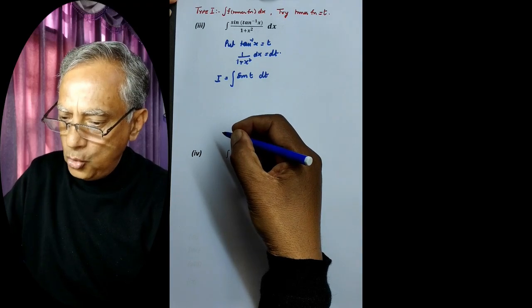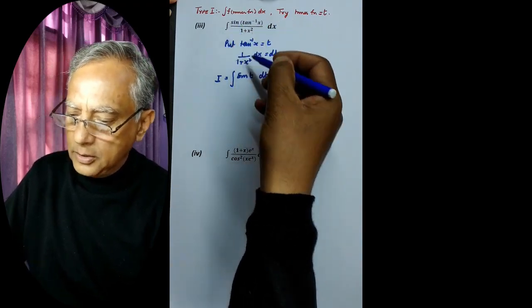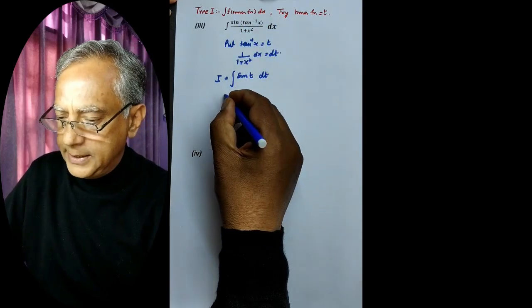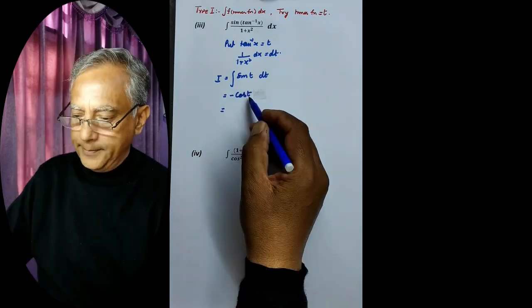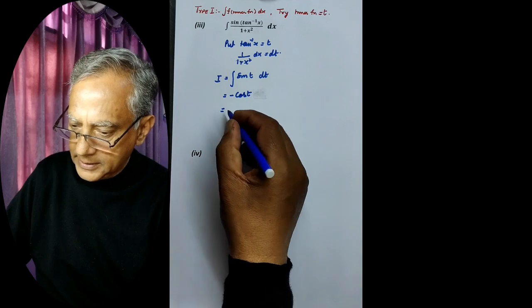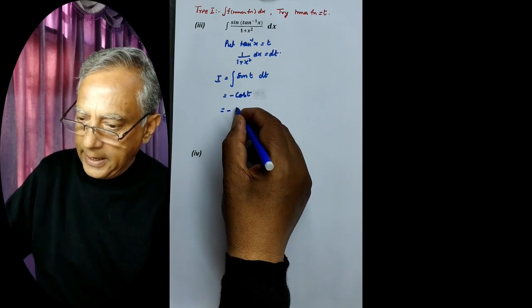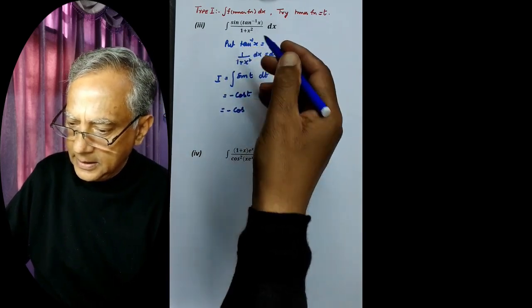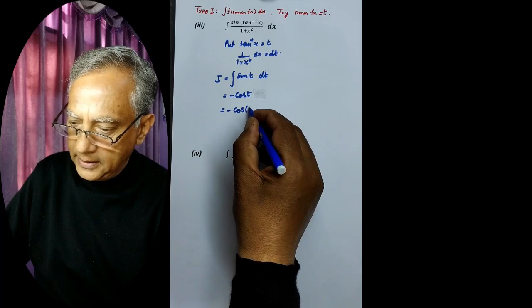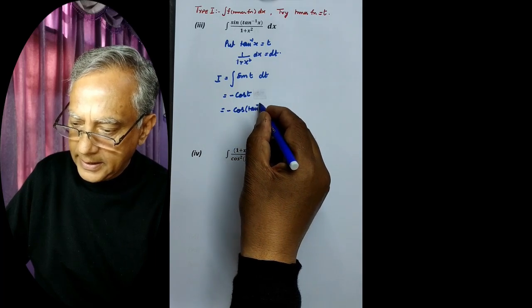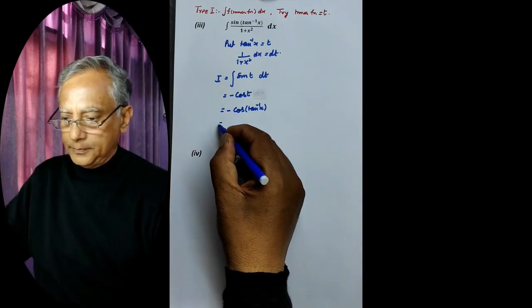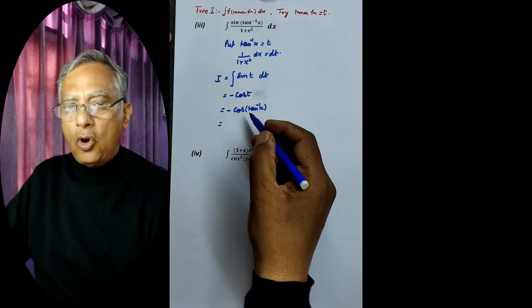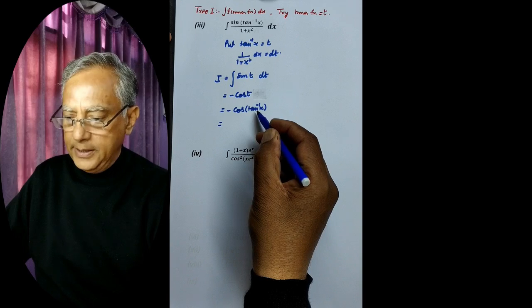So we have reduced this into a very simple question, and integration of sine is minus cos t, and this can be written as minus cos, and t is tan inverse x. This is tan inverse x.